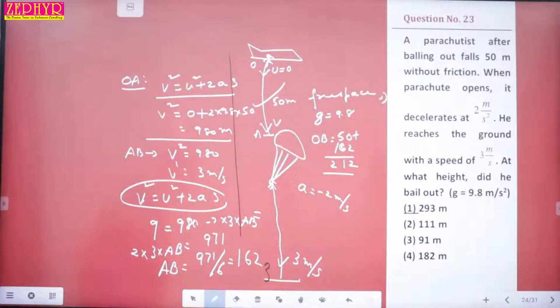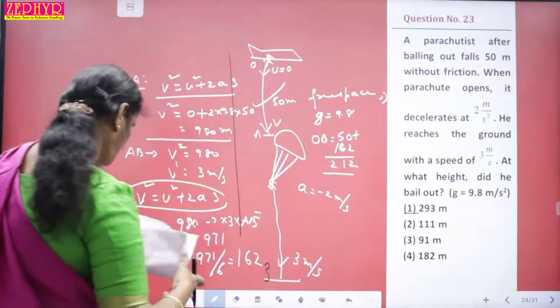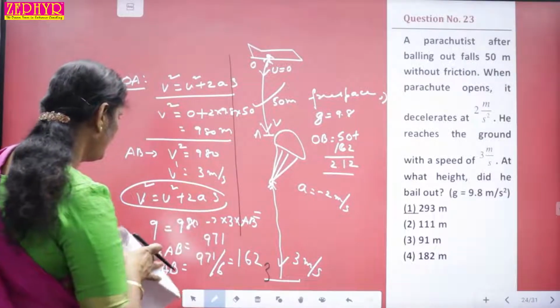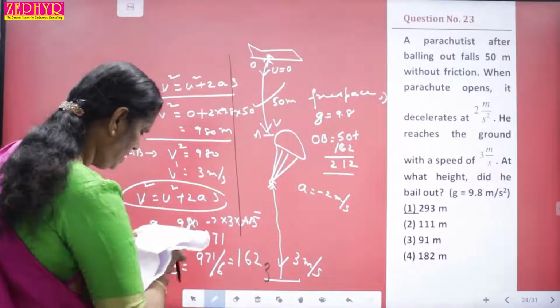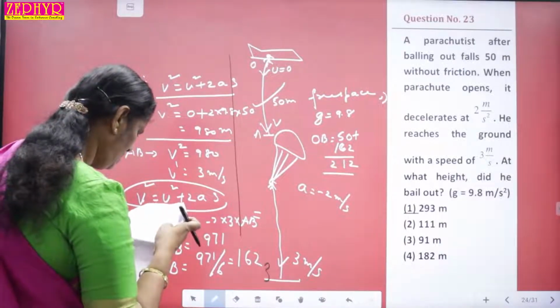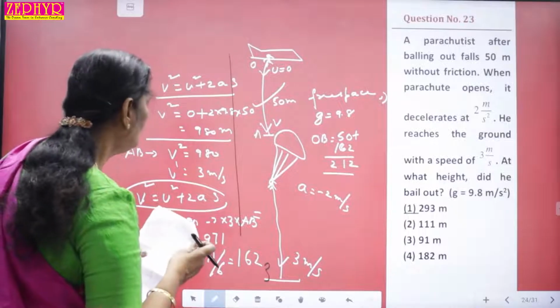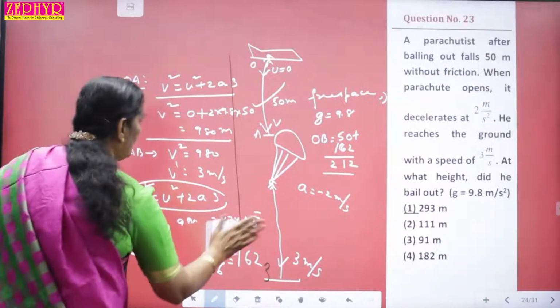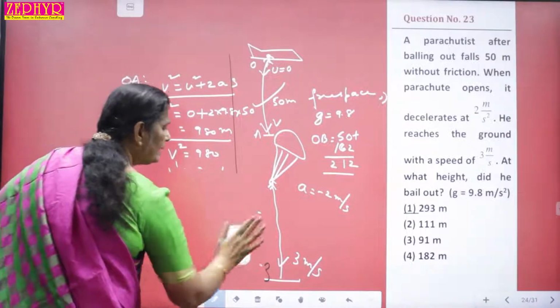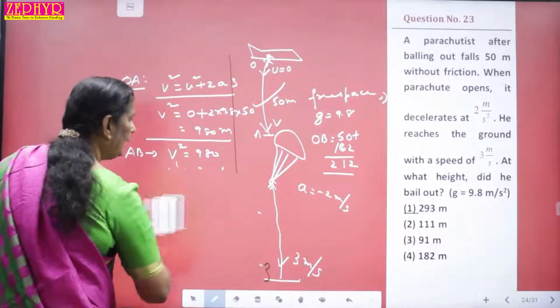Oh, I made the mistake here. The acceleration is not 3, I wrote it as 3.